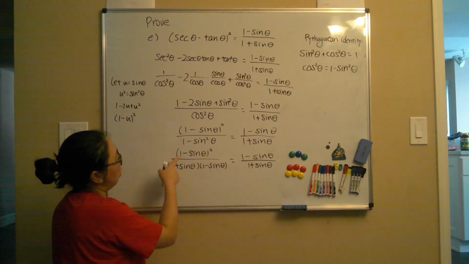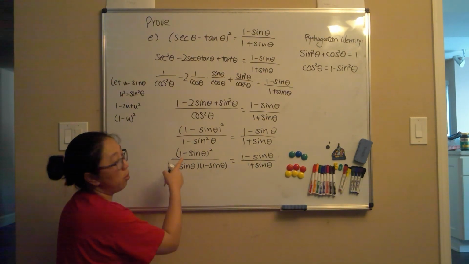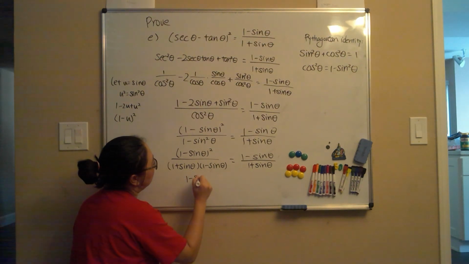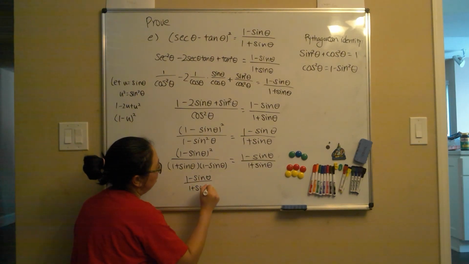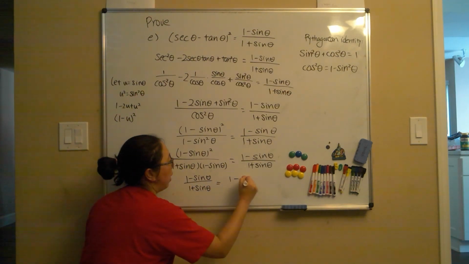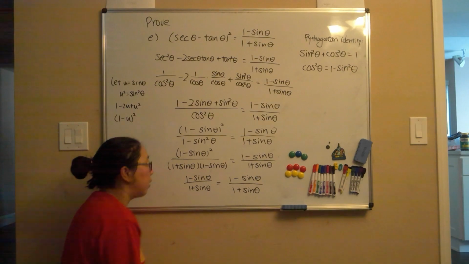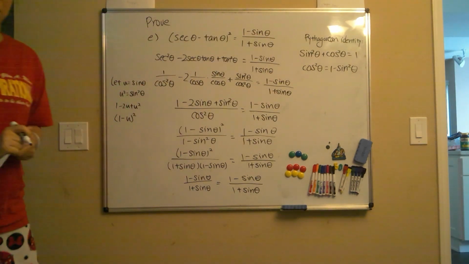So in this case, there's 1 minus sine theta in both the numerator and denominator, which then can cancel. So I'm going to get 1 minus sine theta over 1 plus sine theta, which is equal to 1 minus sine theta over 1 plus sine theta. Okay, which completes our proof.